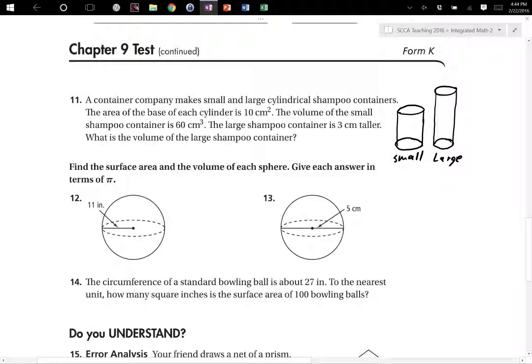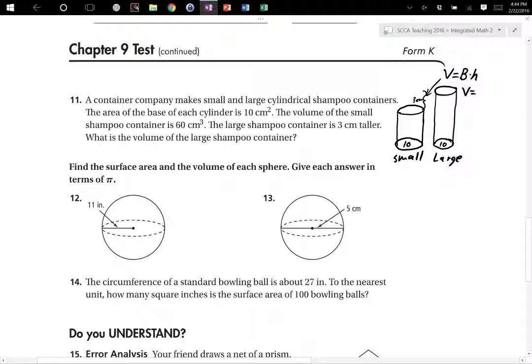Now, this might not be drawn to scale, but that's not what we're worried about. The area of the base is 10 centimeters squared. How much room can fit in this 3 centimeters of vertical height? Well, my volume is still the same thing. So it's base area times height.